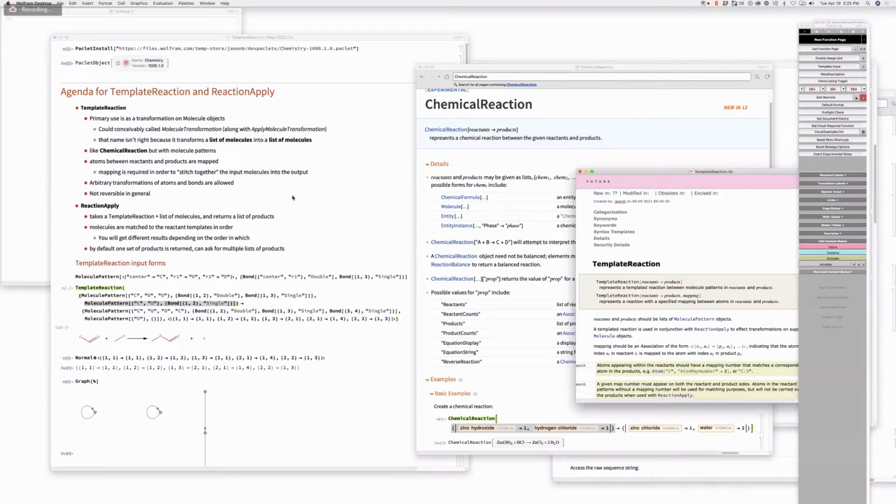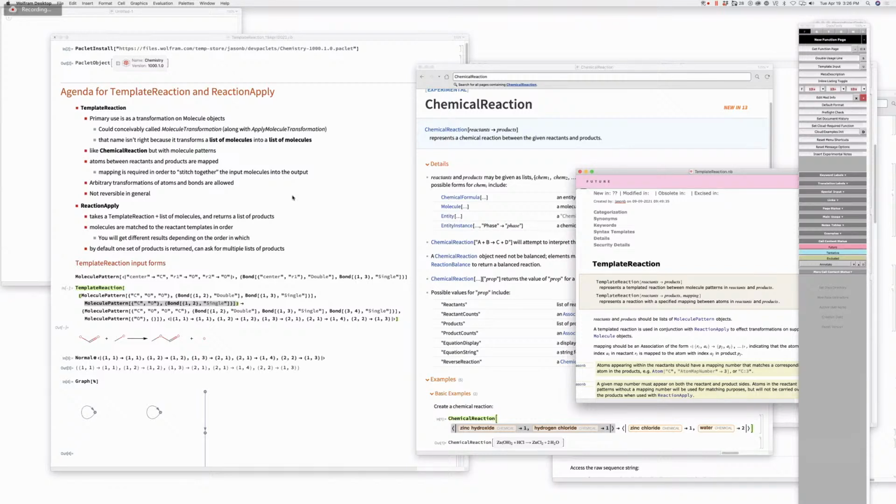I think we should stay away from chemical in this context because the chemical could be an entity. We use it in other ways, and these patterns that we're talking about in the left-hand notebook are used with molecules specifically. Yes. So you're suggesting reaction pattern.